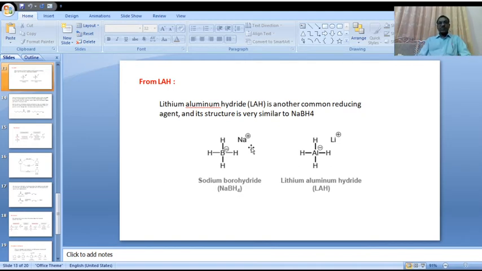Another type of reducing agent. Now we will discuss another type, instead of sodium borohydride: lithium aluminum hydride.